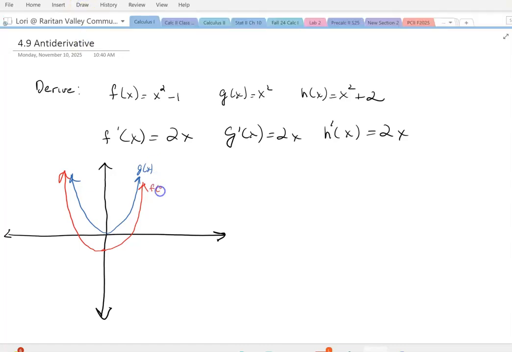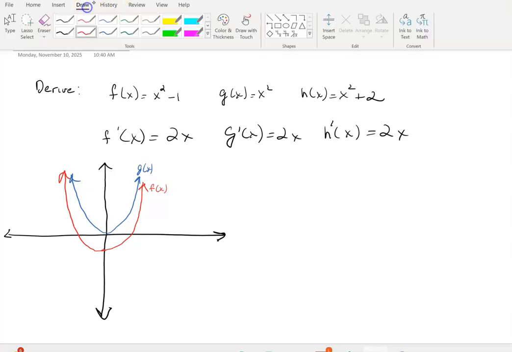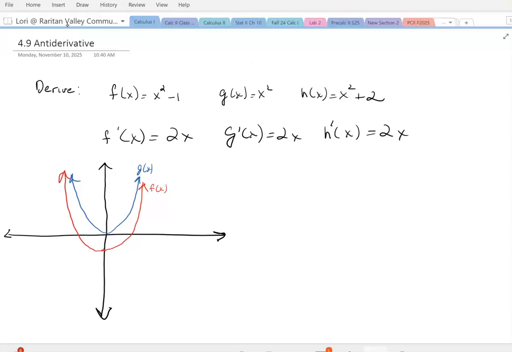This was our f of x function. And the last one, we'll do it in pink, I guess, the only color I could find. And we'll call that one h of x, which is x squared plus 2.